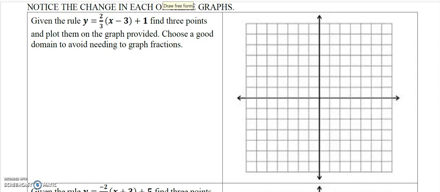And if you choose a good domain, you're going to avoid needing to graph fractions. That keyword domain is something that we talked about in the last chapter. Domain is the x. It is the independent variable. It is the input. It is what you're going to start off with when creating this T-chart.